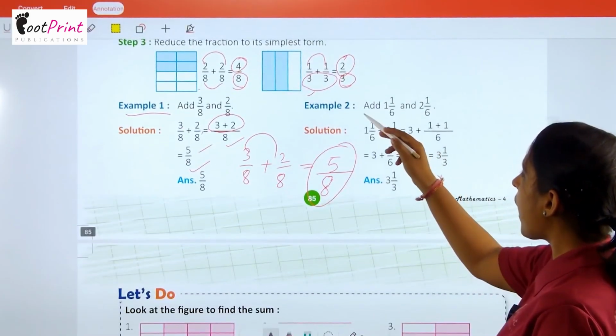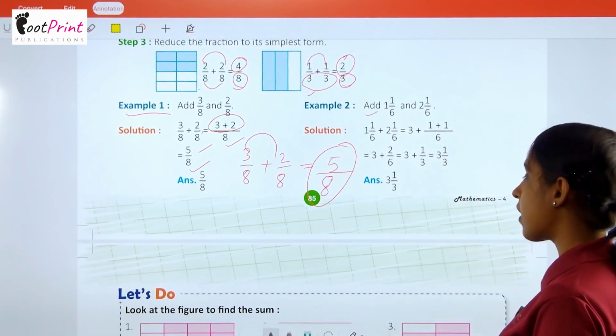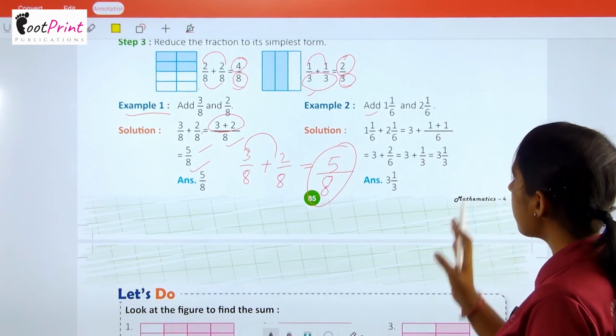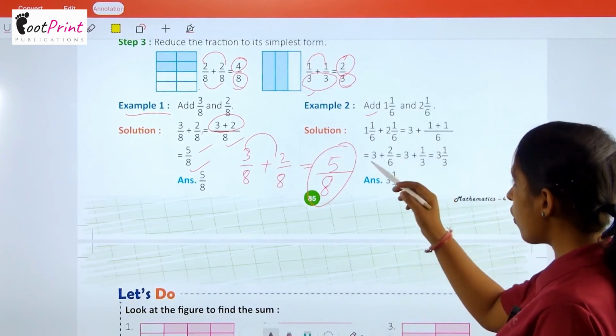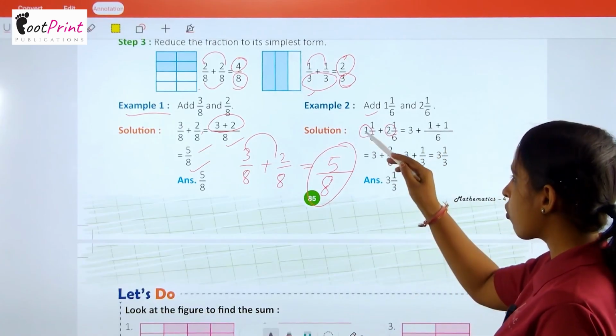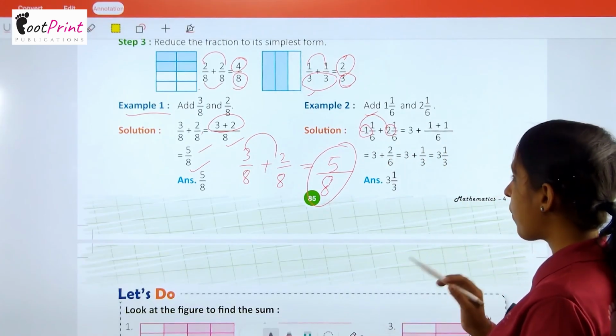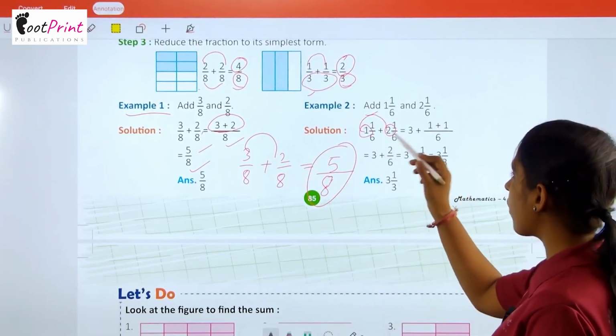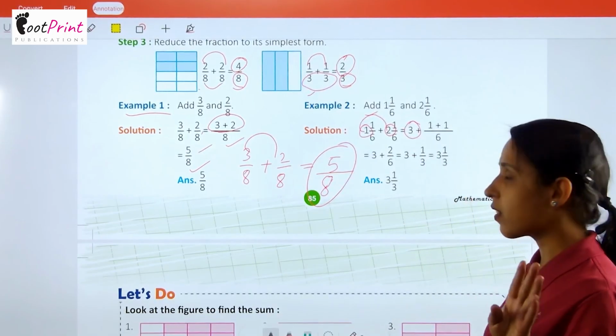Here, add 1 whole 1/6 and 2 whole 1/6. As we know, 1 and 2 are wholes, so first we add the whole numbers 1 and 2, and we get whole number 3.